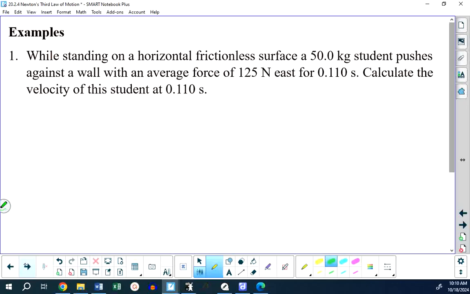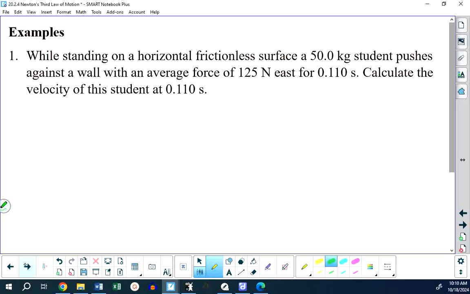While standing on a horizontal frictionless surface, so this is an ideal situation, but it prepares you for real situations, a 50-kilogram student pushes against a wall with an average force of 125 newtons east for 0.110 seconds. What is the velocity of the student at the end of that time?